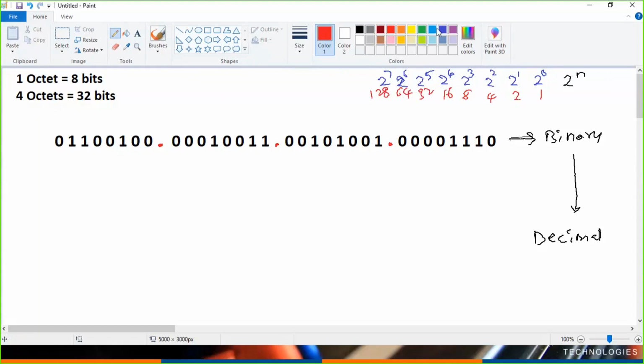So the first bit value will be 128, 64, 32, 16, 8, 4, 2, 1. Okay. Even the second octet also 128, 64, 32, 16, 8, 4, 2, 1.